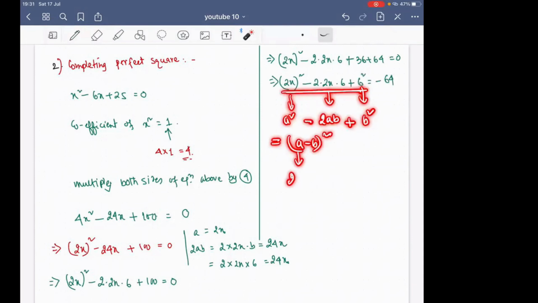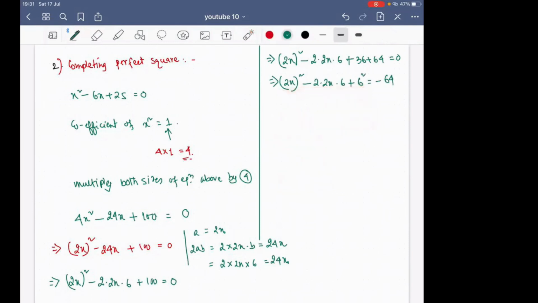Instead of a, we are going to put 2x. Instead of b, we are going to put 6, right? So continuing further, we are going to get 2x minus 6 whole square is equal to minus 64. Now, we are supposed to find out the value of x, because completing perfect square method, what was the purpose?